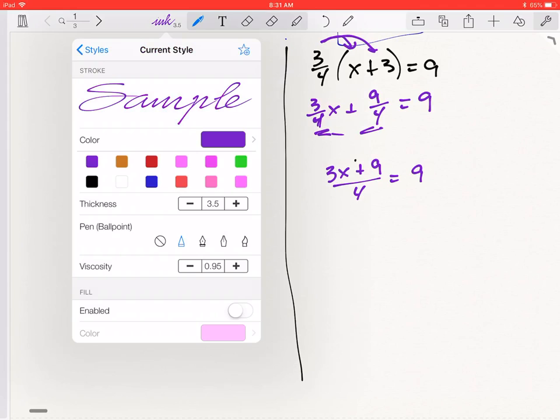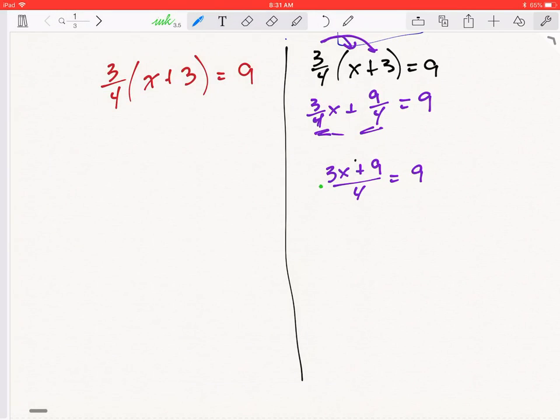Okay? Now I want to get rid of the denominator, so I'm going to multiply both sides by 4. And then the 4s are going to cancel out on the left side, and this is going to give us 3x plus 9 is equal to 9 times 4, which will give me 36.